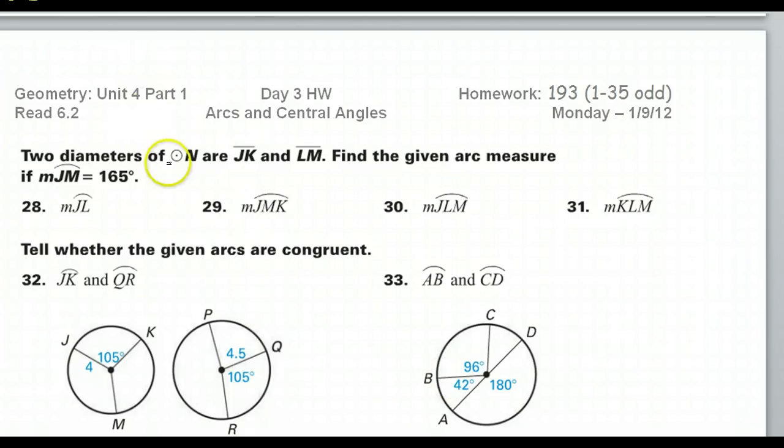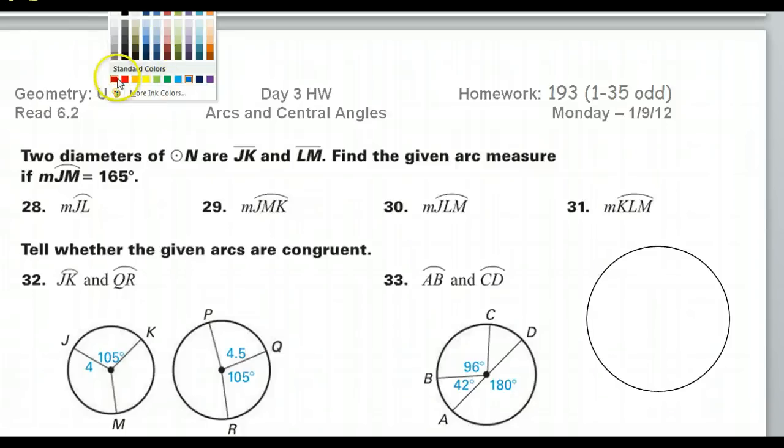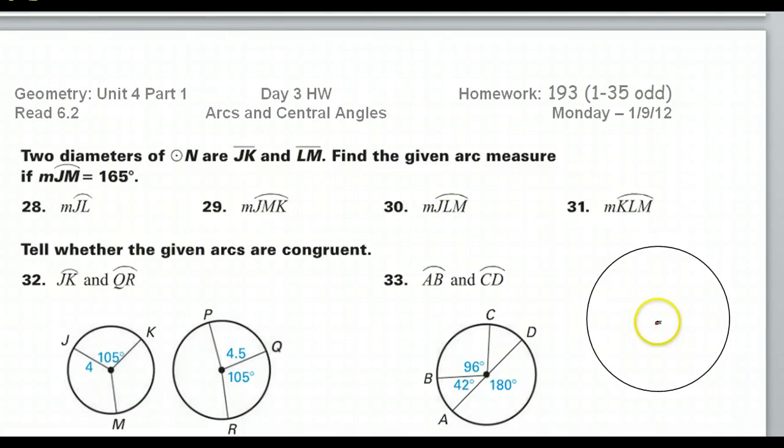So here I go. Two diameters of circle N. Okay, so here is going to be my circle N. And if this is circle N, that means N is the center of the circle right here in the middle.